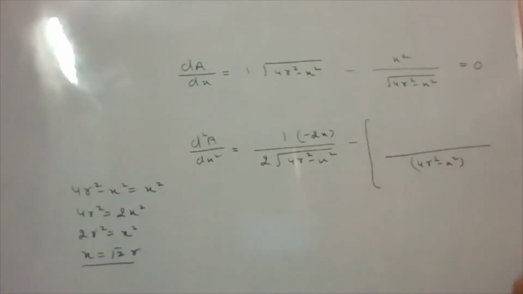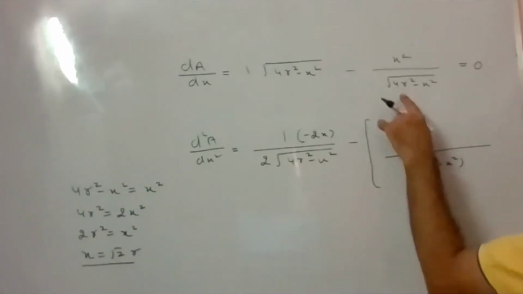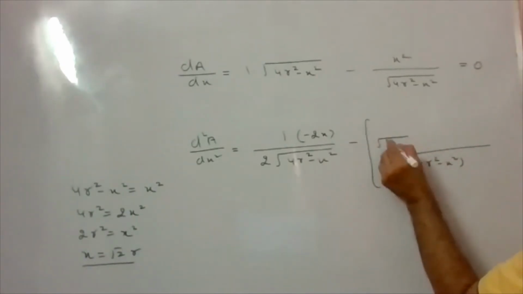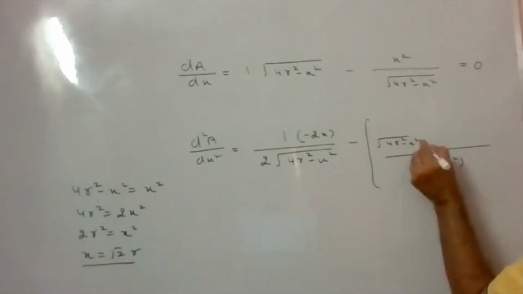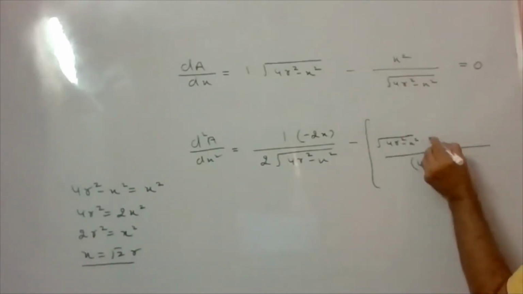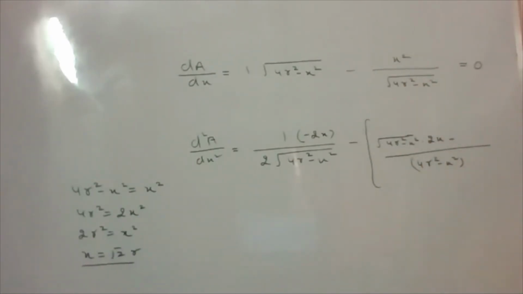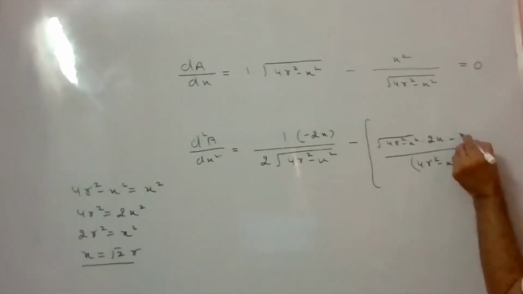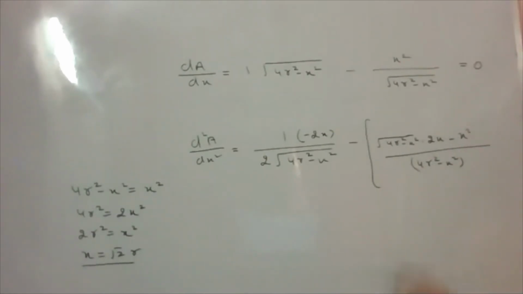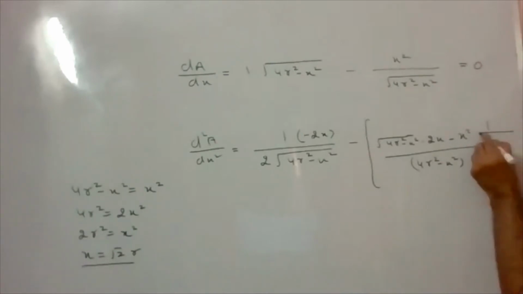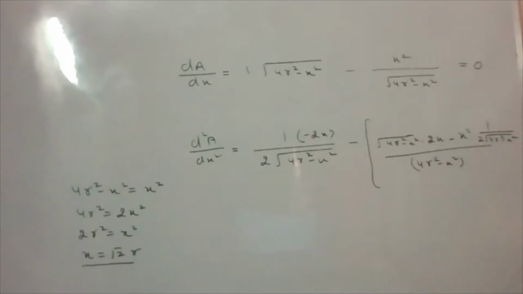Square किया है यहाँ under root हट गया, then it will come root of 4r square minus x square into x square का derivative 2x minus, second time x square remain as it is, and the derivative of this 1 by 2 under root 4r square minus x square and then minus of 2x. This is our second derivative we have.